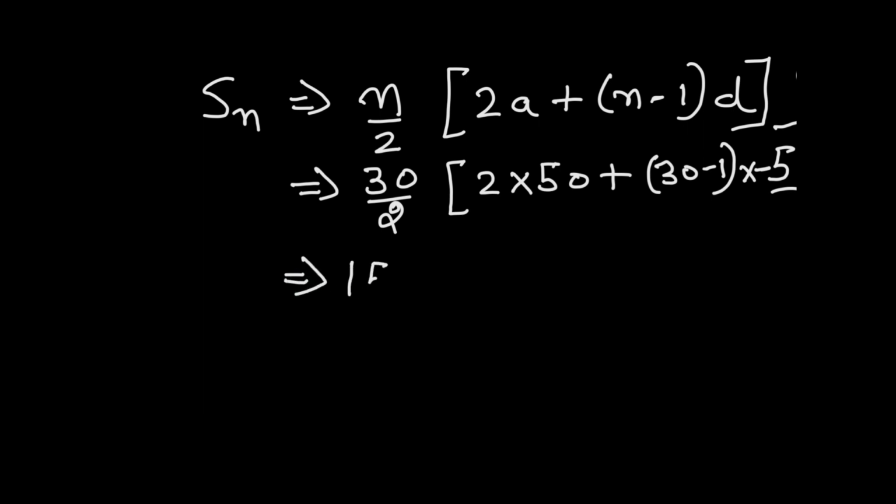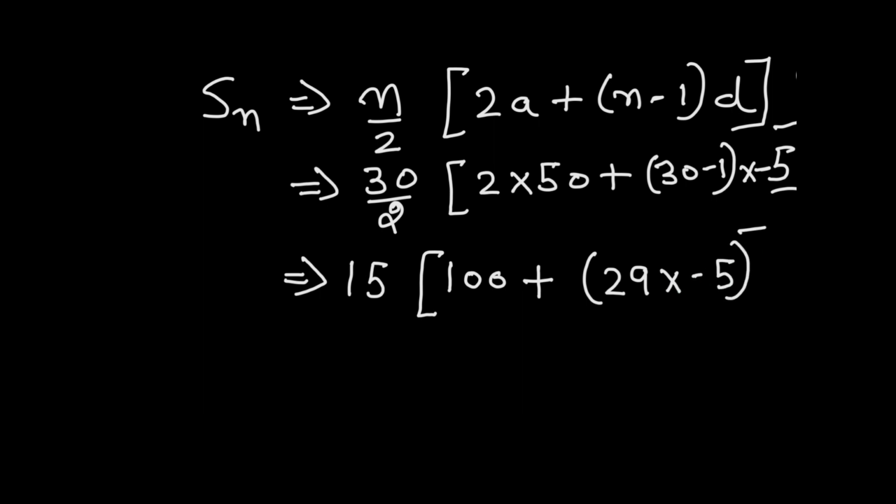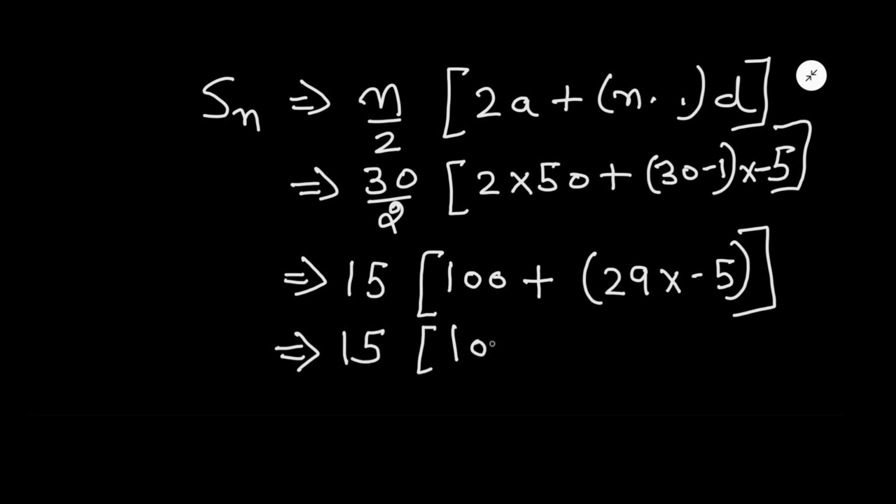2 into 15 is 30. 50 into 2 is 100 plus 29 into minus 5. So here 29 into minus 5 is minus 145.